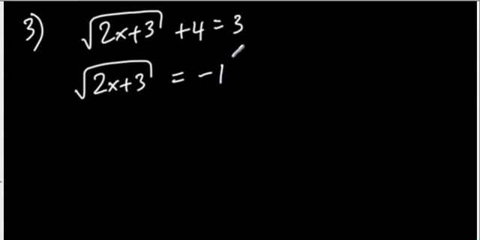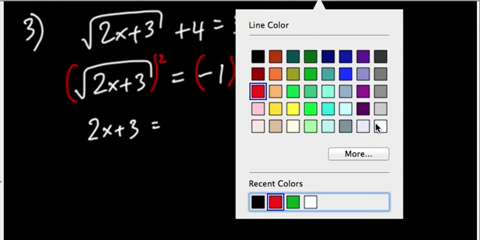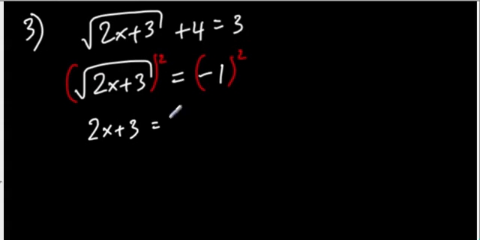Yes, it's equal to negative 1. Now we square both sides, so we get 2x plus 3 is equal to 1. So 2x is equal to 1 minus 3, so it should be negative 2.